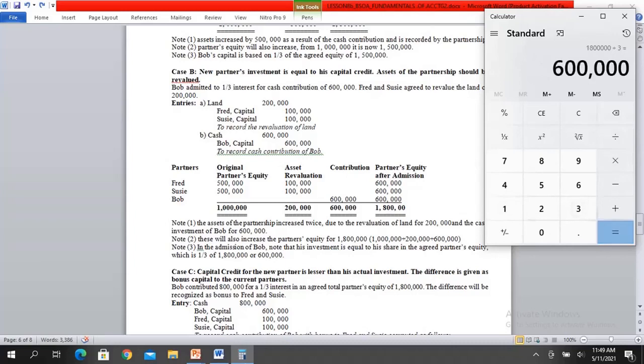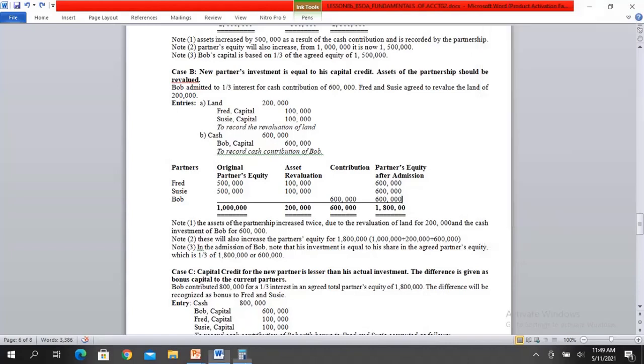Ayan. So, yung 1/3 na interest ng partnership equity, binayaran ni Bob yun ng 600,000 din. So, ang 1/3 interest ng 1,800,000 is 600,000. So, yun din yung binayaran ni Bob. So, yung cash ng 600,000 na binayad ni Bob, mapupunta yun sa partnership.